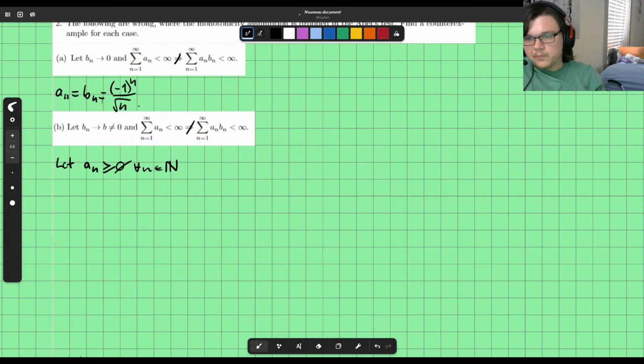We're going to let a sub n be greater than 0 for all n in the natural numbers, then the sum from n equals 1 to infinity of a sub n.